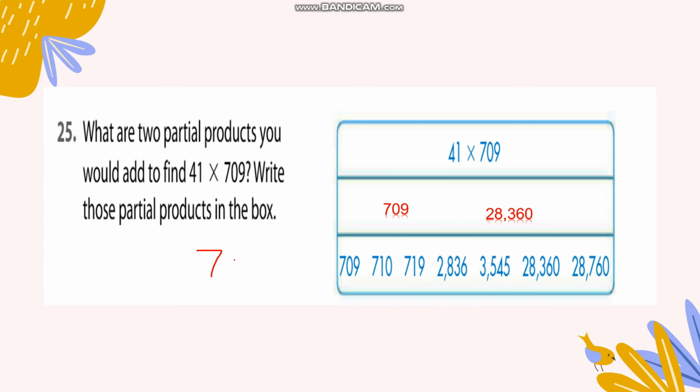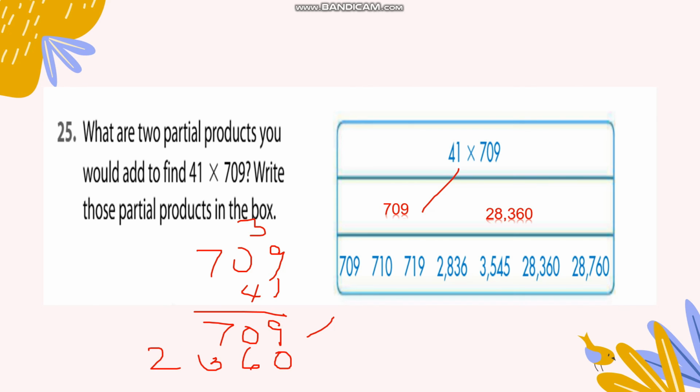Because 709 multiplied by 41, 1 times 9 is 9, 1 times 0 is 0, and 1 times 7 is 7. So the first partial product is 709. And we need to put 0. 4 times 9 is 36, regroup 3. 4 times 0 is 0 plus 3 is 3. Then 4 times 7 is 28. So 28,360. Those are the partial products.